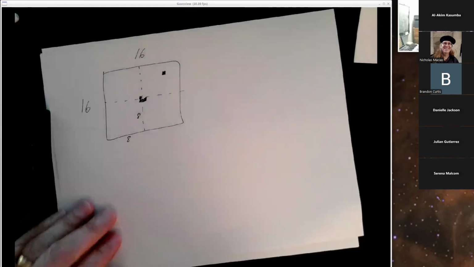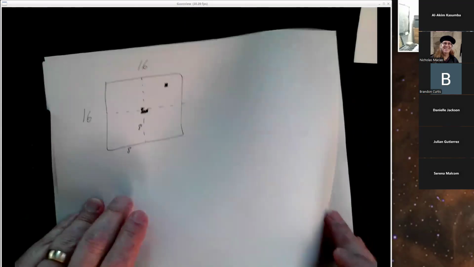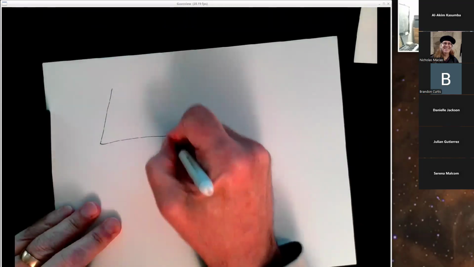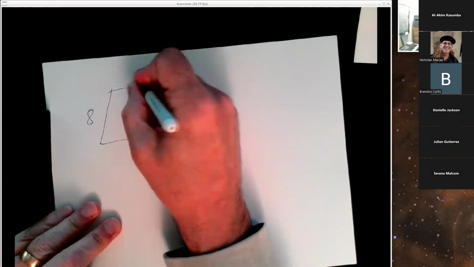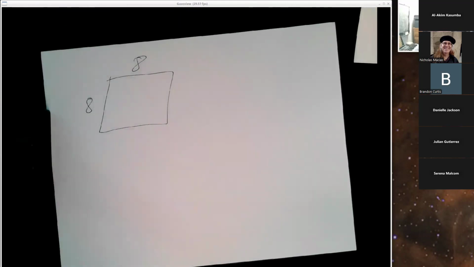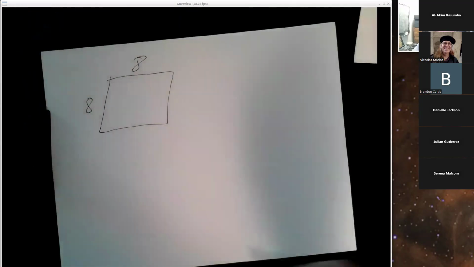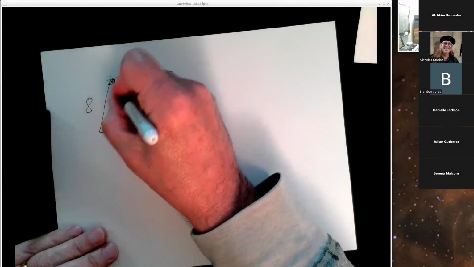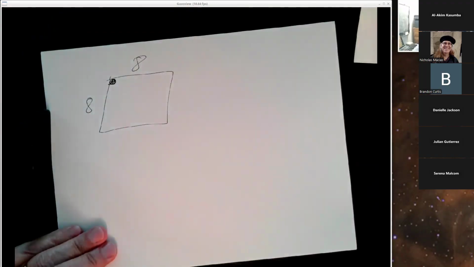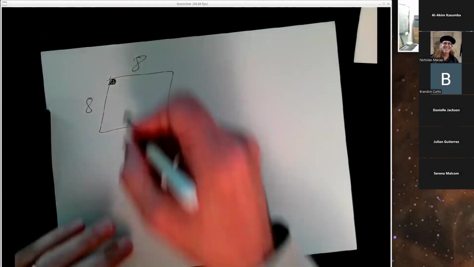But in order to do that, I need a friend who can tell me how to tile an 8 by 8 room. So what does their business look like? I give them a room and I say, hey, I'm trying to tile an 8 by 8 room with a missing square. And they say, yeah, I can get you a solution for that. And what do they do?